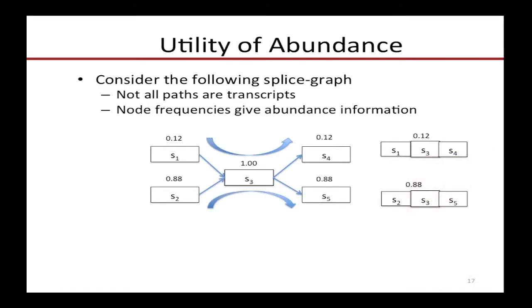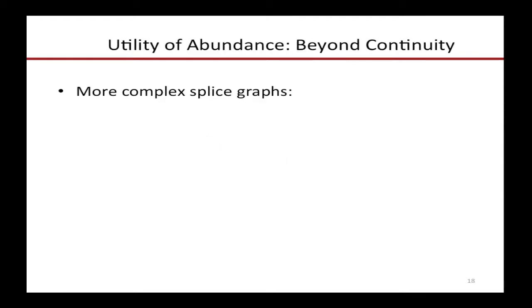Whereas the alternate explanation goes through nodes of very different abundance, and therefore is not a valid explanation for the graph. So here is the first idea: to use the continuity of copy counts, or continuity of abundances. 0.12 has to be paired with 0.12, and 0.88 with 0.88. Some people have already used this idea in software.